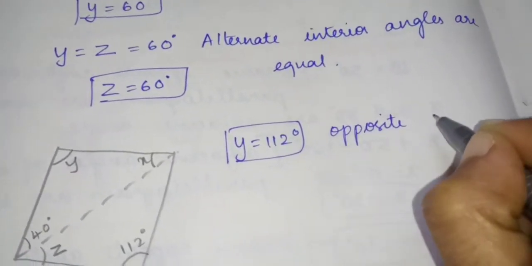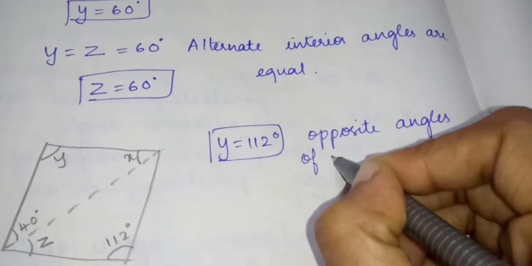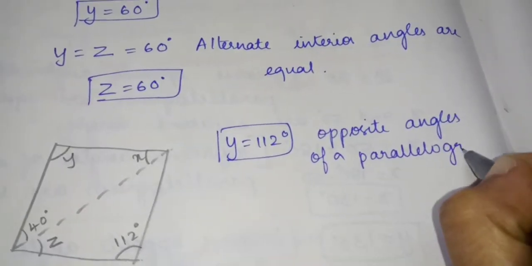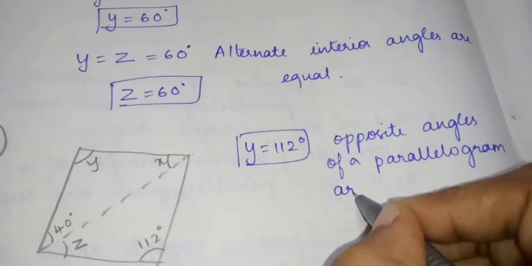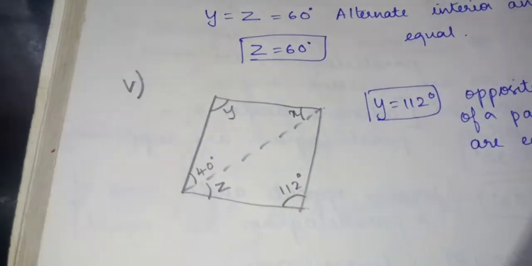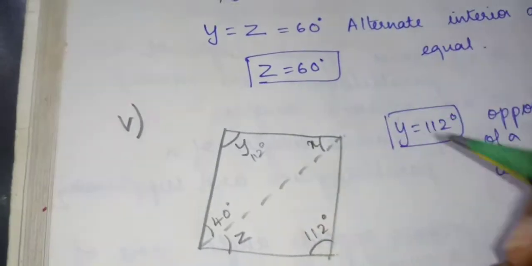These statements are very important: opposite angles of a parallelogram are equal. So I have written the y value as 112.